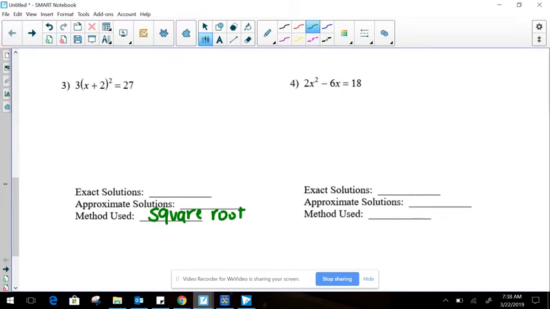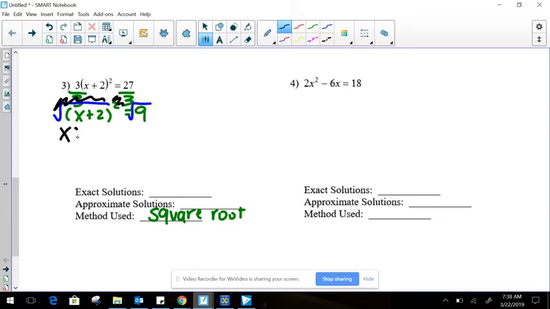Okay, so first thing I want to do is get rid of everything besides the x squared if possible. So I'm going to divide both sides by 3. I have x plus 2 squared is equal to 9. Okay, I want to get rid of that squared. The opposite of squared is square root. I'm square rooting both sides. This squared right here is canceling with the square root.